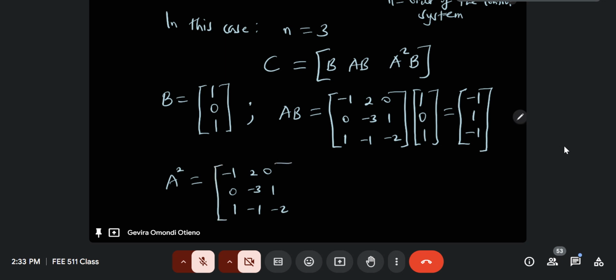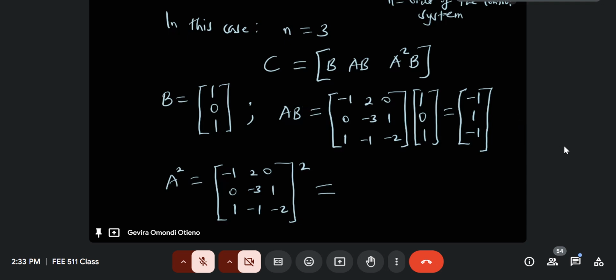Then I square it, meaning I multiply it by itself. If I do that, I can enter this in my system and find the solution.